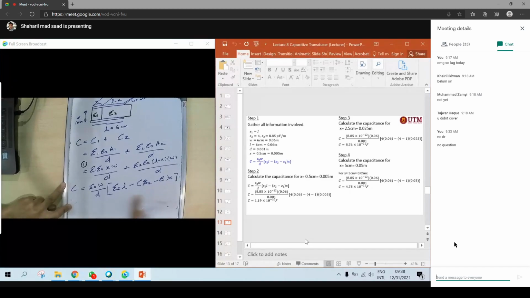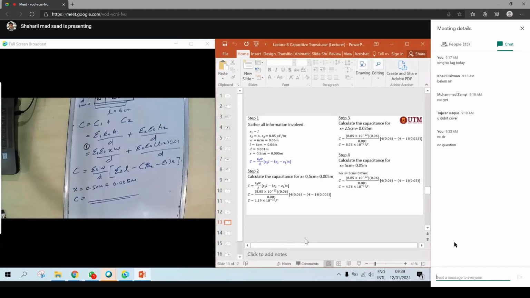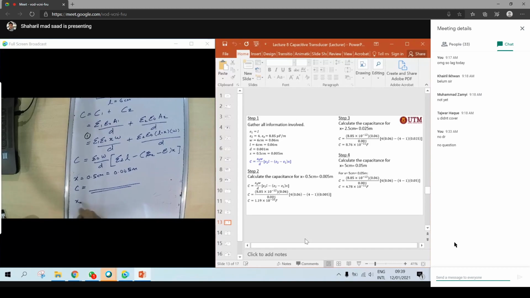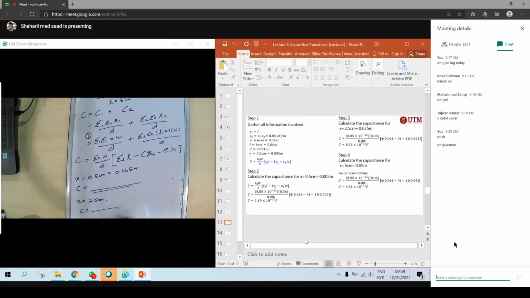For x equal to 0.5 cm, or 0.005 meter, you can get your C straight away. For x equal to 2.5 cm, you can get your C straight away using this formula. And for the last one, x equal to 5 cm, you can get your C straight away from this formula.